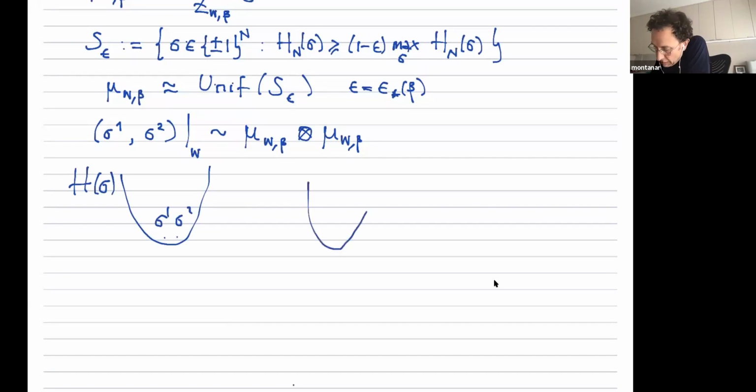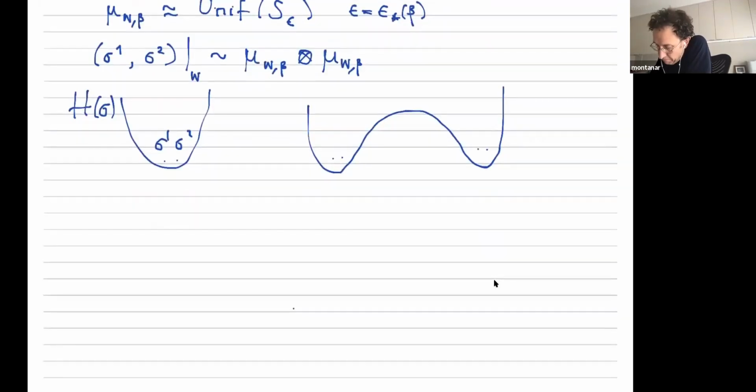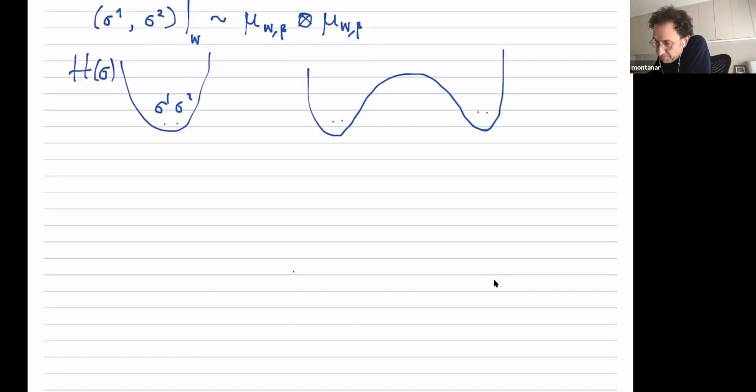If I sample two near optima, sigma 1 and sigma 2 will always be very close to each other. If I instead look at a function that has this structure, I sample two near optima, with some probability they will be close to each other, and with some probability they will be very far from each other. So taking two independent draws from this Gibbs measure tells me something about the structure of near optima.